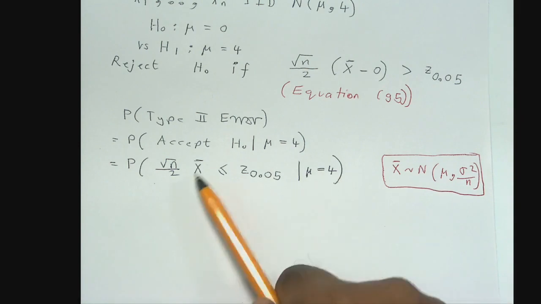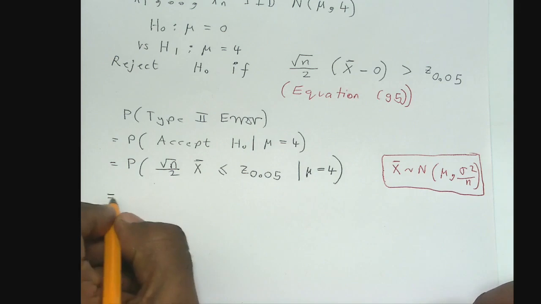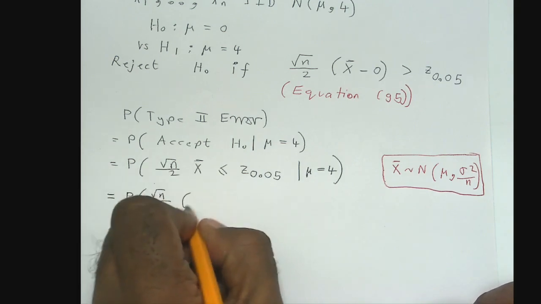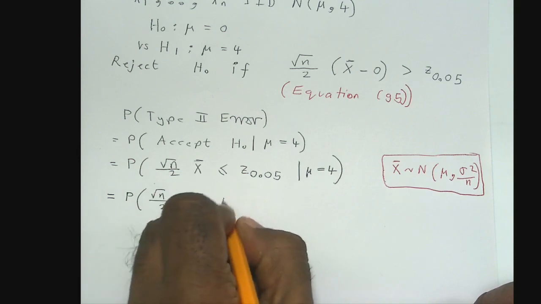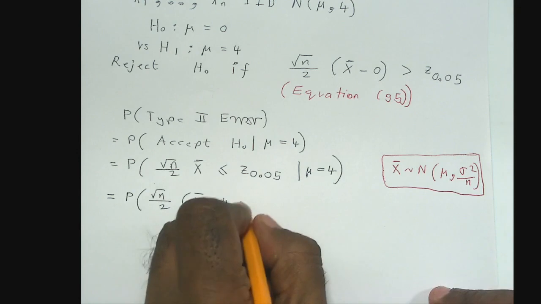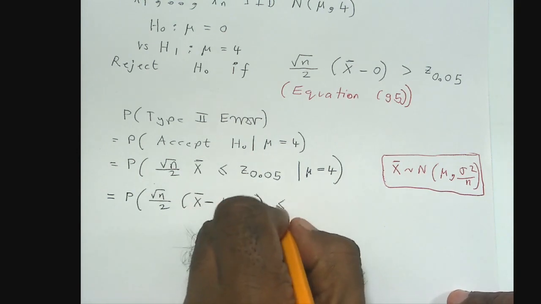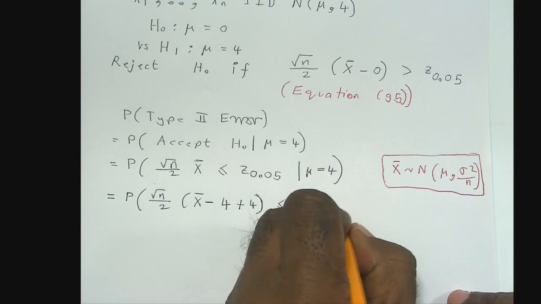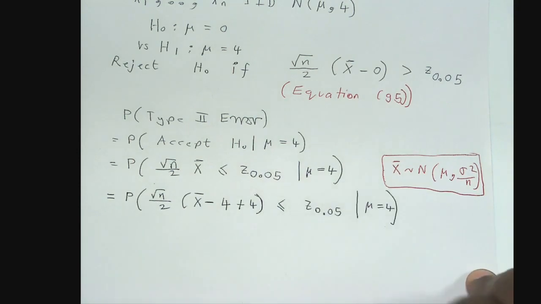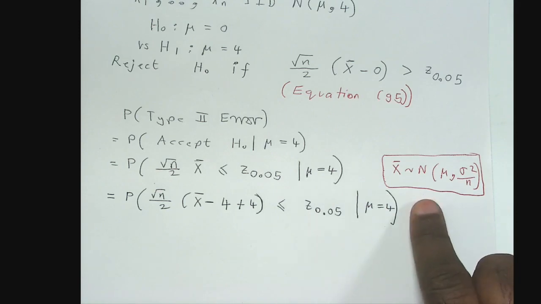Right, so to standardize this, we need to subtract the true value for mu, which is 4, and therefore we also need to add the same number. Do you guys understand why I'm doing this? Yeah, because I want to use the standardization based on this, guys.